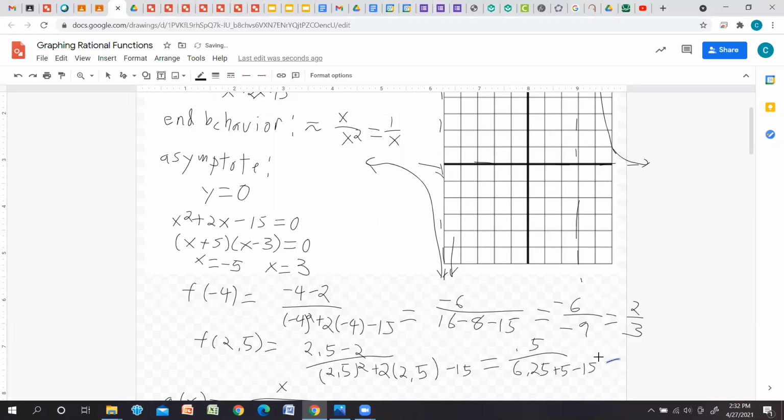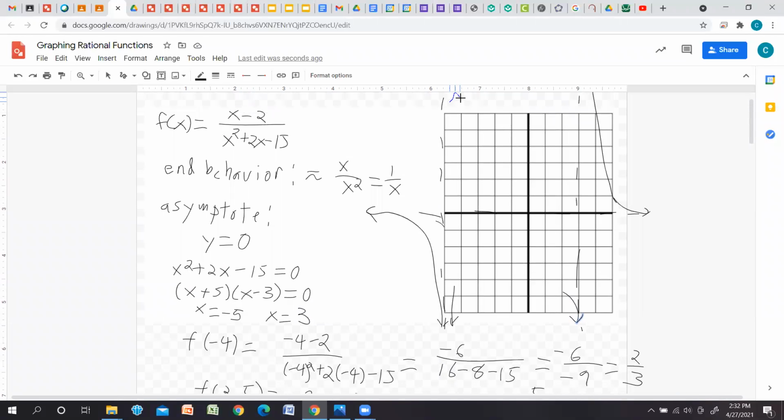So the numerator is positive and the denominator is negative, so that's about negative 3.75. Okay, so actually on this side it's negative, and on this side next to the negative 5 asymptote, it's positive. So it should actually be up here.